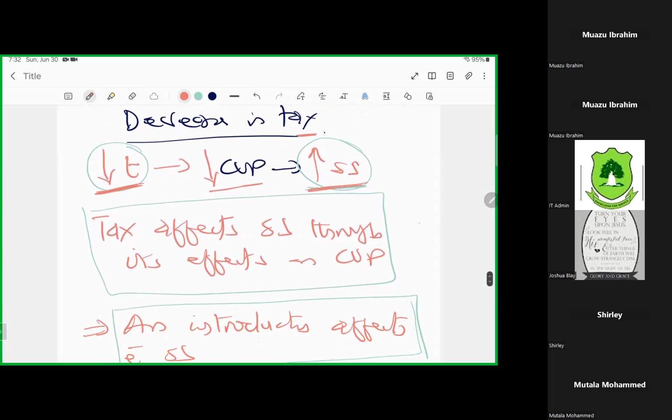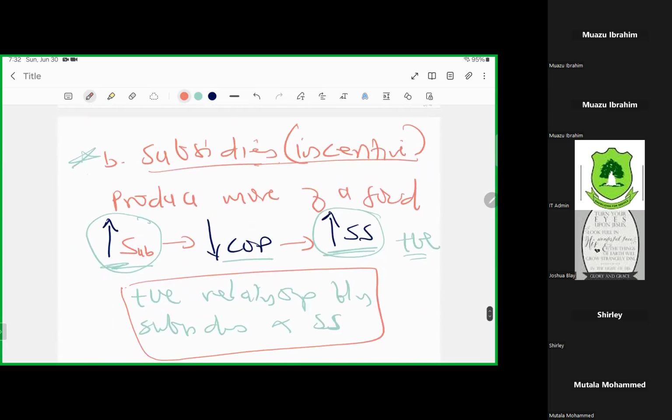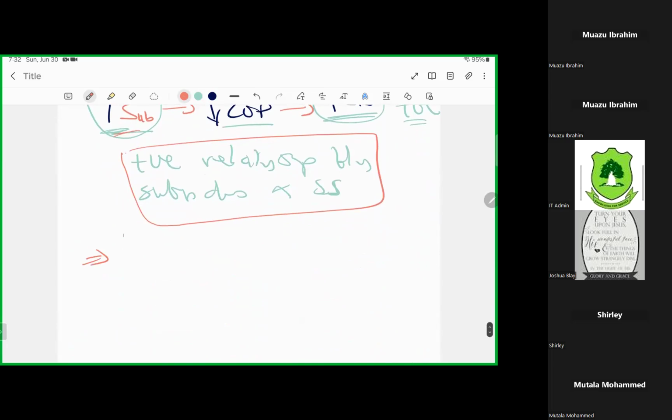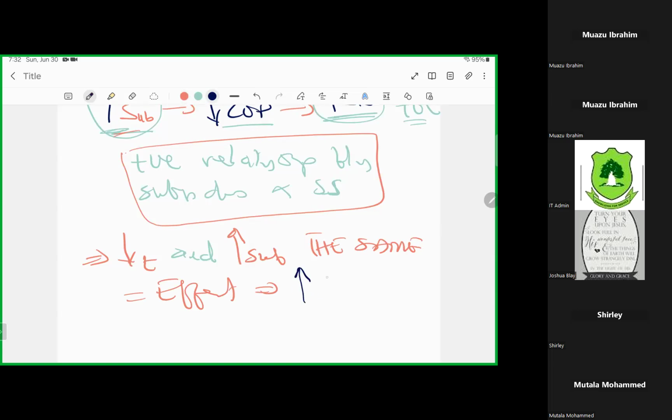So the effect of a decrease in tax is the same as the effect of an increase in subsidies. They all result in an increase in supply.